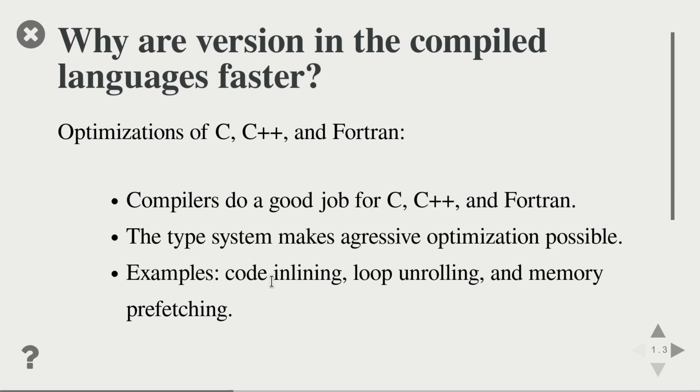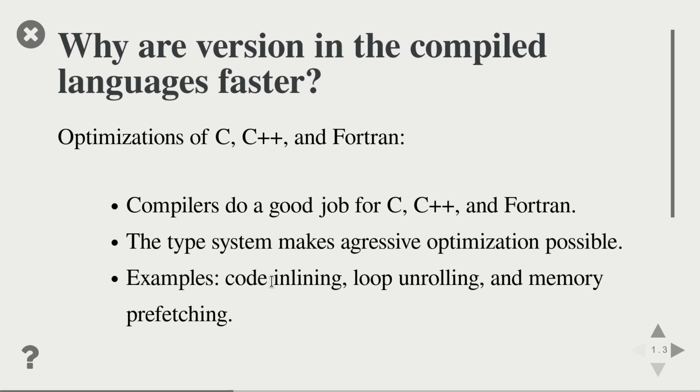Just again a motivation why these compiled languages are so much faster. The reason is that at the compile step, the compiler can look at the code and perform all kinds of optimization that Python can't do because it needs to execute the code. It interprets the code.